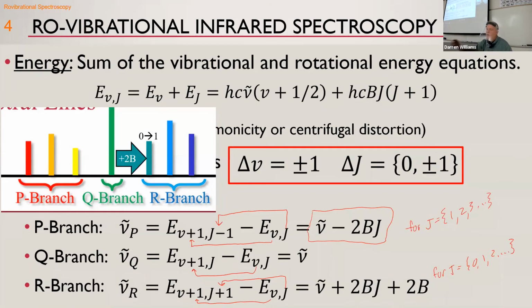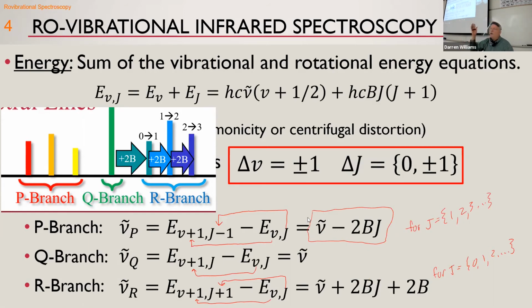And then if I put 1 in there for the next R branch line, I get another 2B piece. And so then there'll be another 2B jump over for the R1 line. And then if I make R2, or J equals 2, then I get 2 units of 2B, and so I would jump over another unit of 2B.